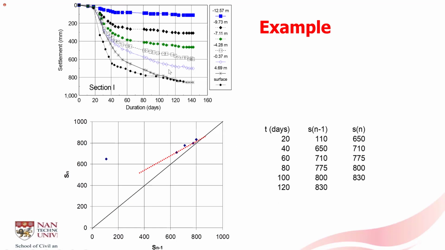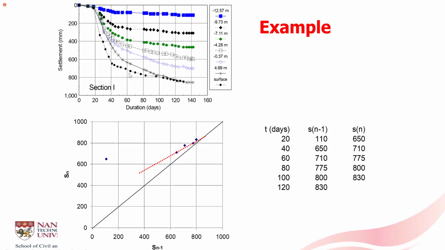So this is the settlement data from one of the soil improvement projects. And showing over here is the settlement monitored at the different elevations. So the solid dots is at the ground surface.